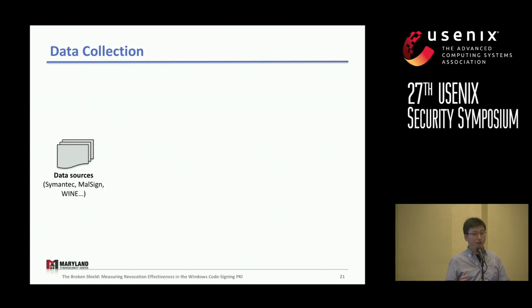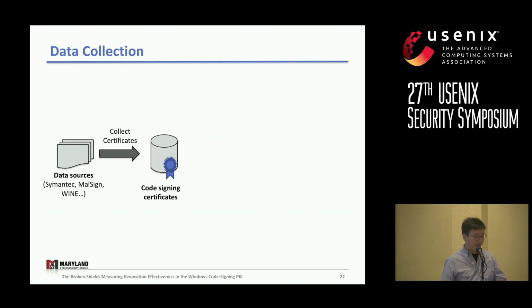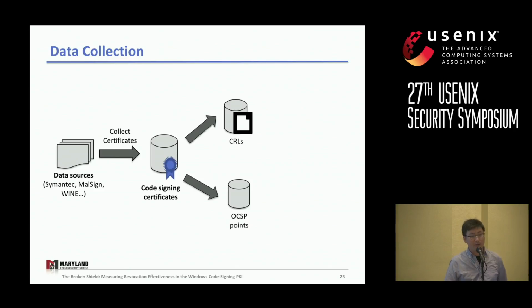We utilize the data set released from prior work. Also, we collaborate with Symantec for the data source. From the data source, we collect the code signing certificates, and then we extract the CRL and OCSP points from the code signing certificates. However, the CRL can be used for other purposes.